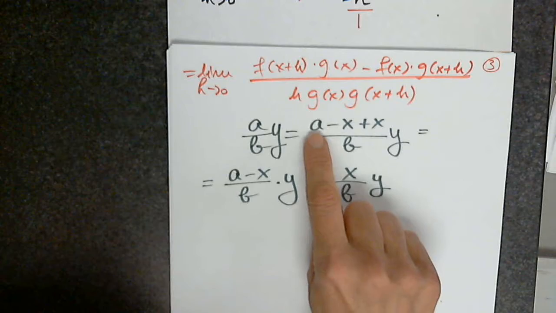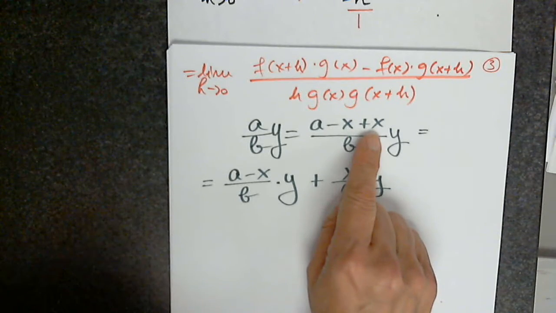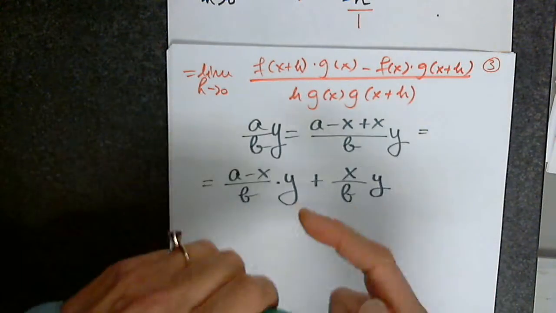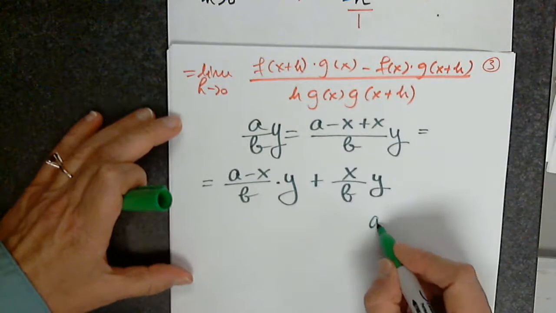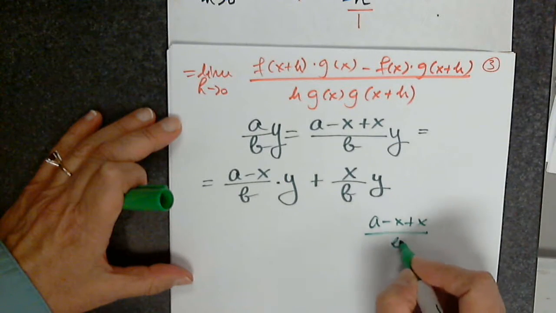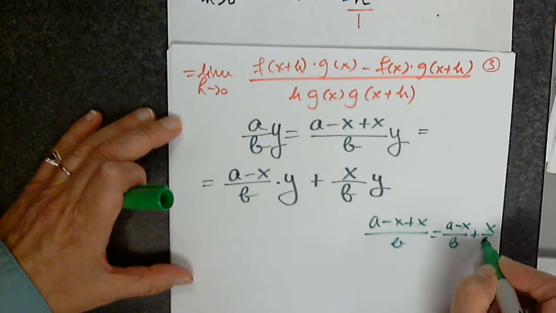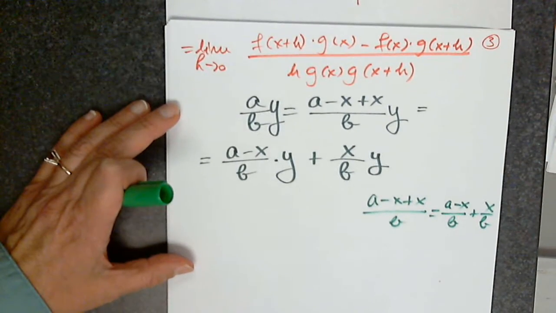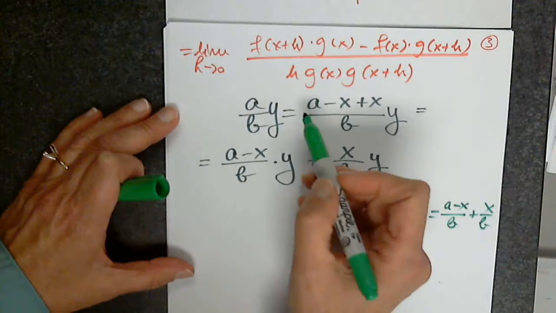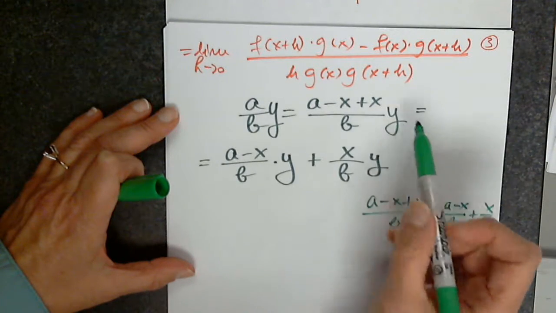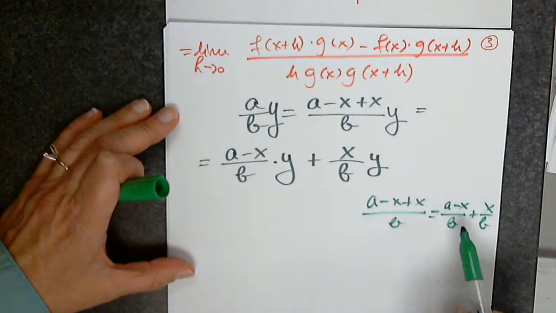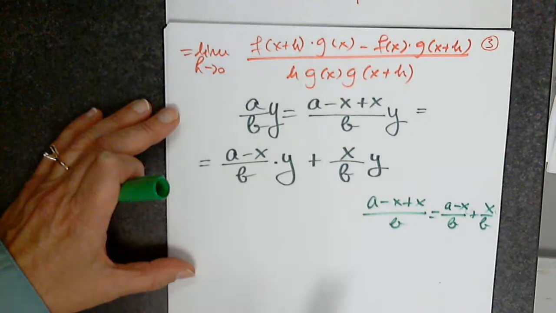Is a the same thing with a minus x plus x? Can I rewrite this fraction, a minus x plus x over b as a minus x over b plus x over b? Since I also have a factor outside, can I distribute the y in here and in here?